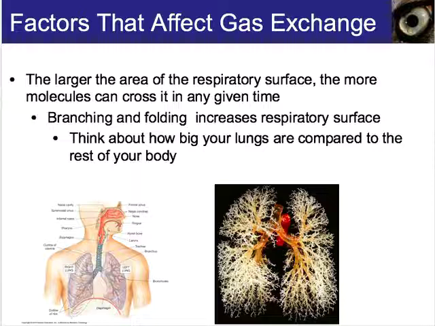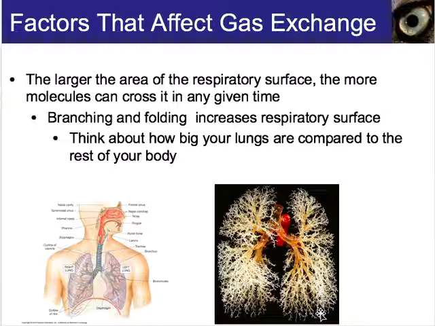The larger the area of the respiratory surface, the more molecules can cross it in any given time. So in your lungs, and this is a really cool picture, what they did was they literally pumped lungs with a plastic and then they dissolved the tissues around it. And what you can see is all the branches and foldings of the various parts of the lungs. And this is very important because this is going to increase the surface area of your respiratory tissue, or your lungs.